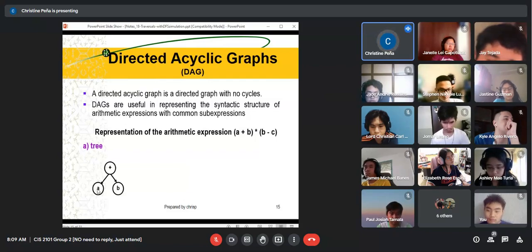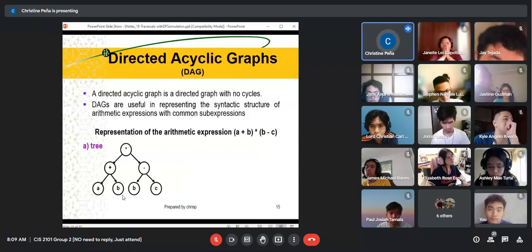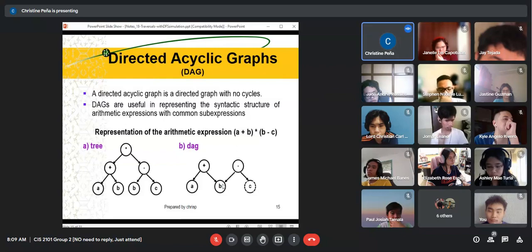So first these operands, A plus B. Next, B minus C. And then the left operand in the multiplication is that one. In a DAG, there is no repetition. For example, here, B is an expression, so it is not repeated; it is just referenced.